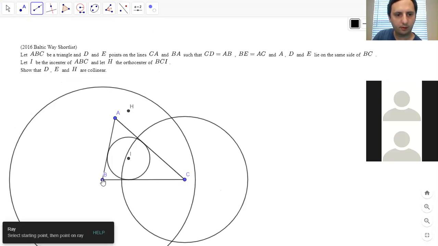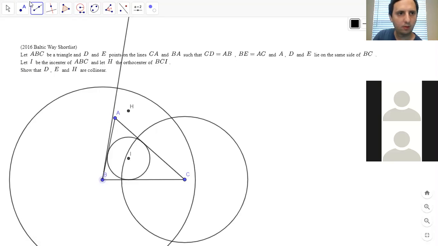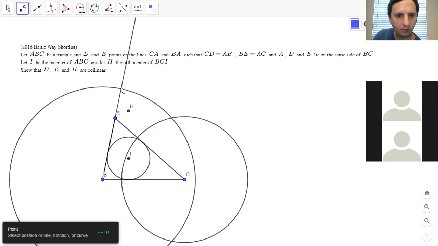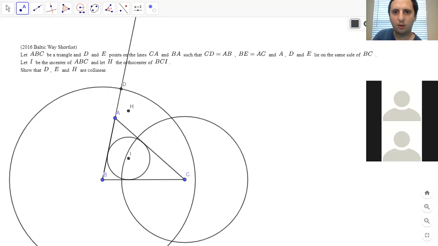I want it like this. So we have this point, H. Well, actually, I want this to be D right there. Whoops. It's the wrong point. I want that one. Let me try one more time, then I'll move. There we go. Okay, so that's what it should look like.